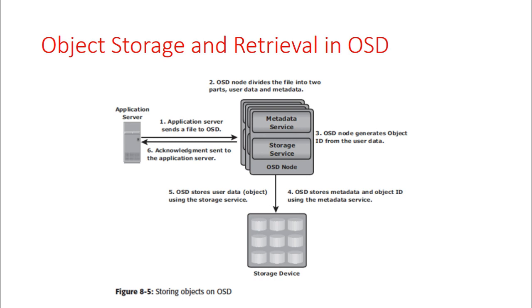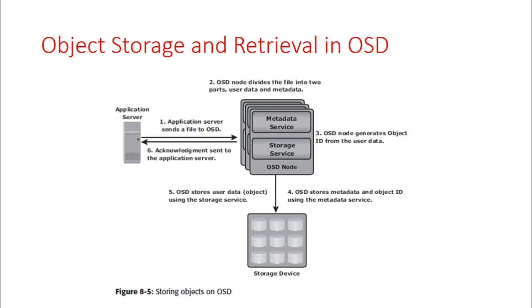The first step is the application server presents the file to be stored to the OSD node. Second step is the OSD node divides the file into two parts, that is the user data and the metadata. Step 3, the OSD node generates the object ID, or the unique ID, based on the contents of the data.